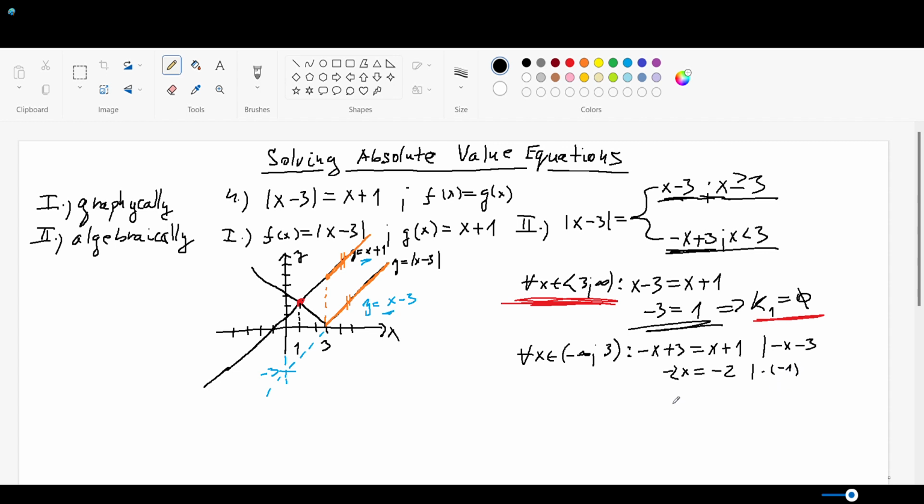Now if we multiply both sides of the equation by negative 1, then it's going to be 2x is equal to 2, and when we multiply by 1 over 2, x is equal to 1, which is basically the solution, and this is the second case, and we have to really make the difference between these two sets. We just put there the small lower index 2, and it is a one element set which consists of the number 1.